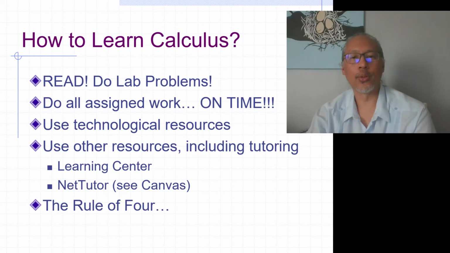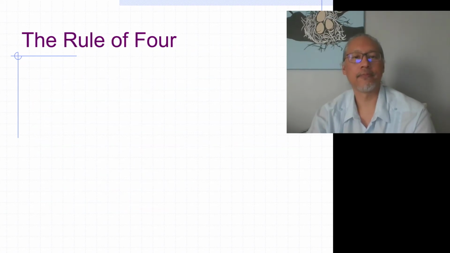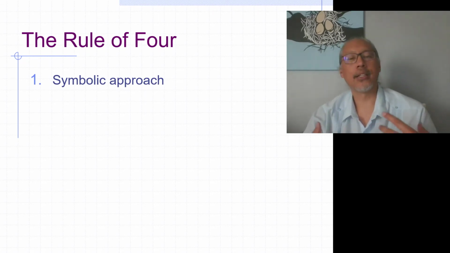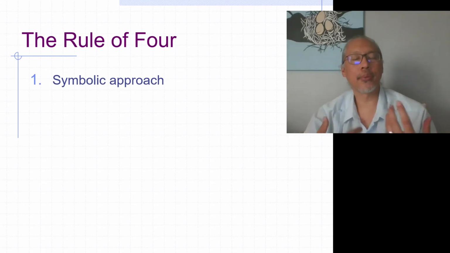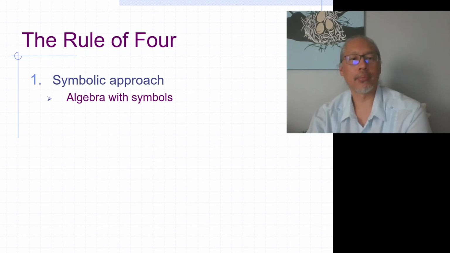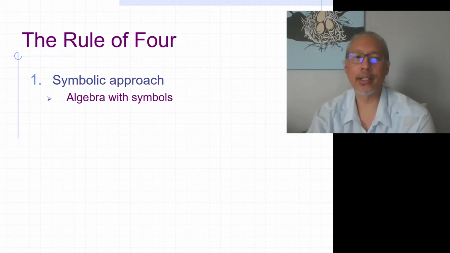And the rule of 4. What is the rule of 4? The rule of 4 is the idea of using different approaches to learn math. The most popular approach is probably the symbolic approach, using algebra, symbols. Sometimes it's called the analytic approach.